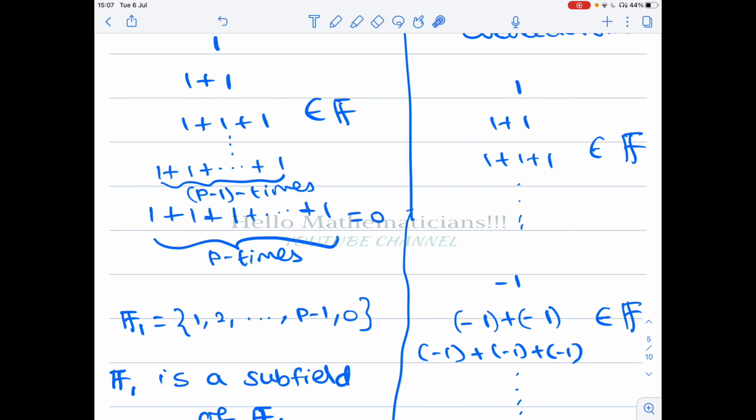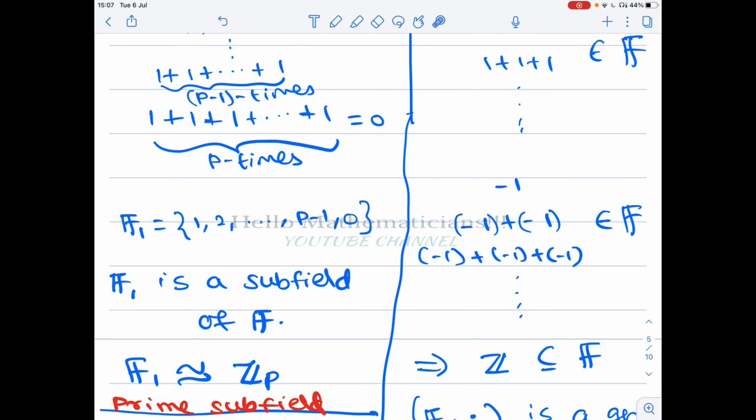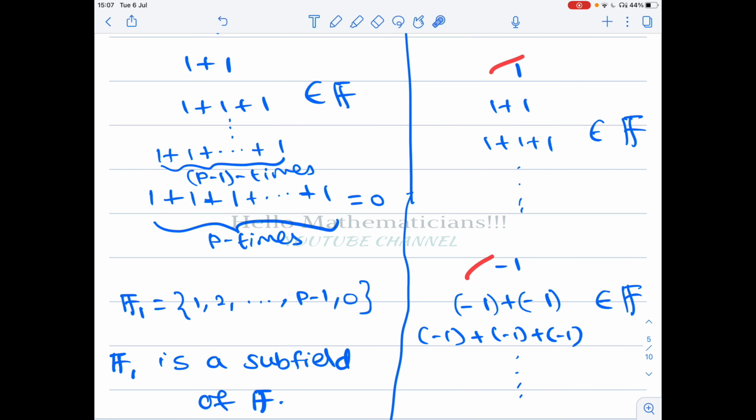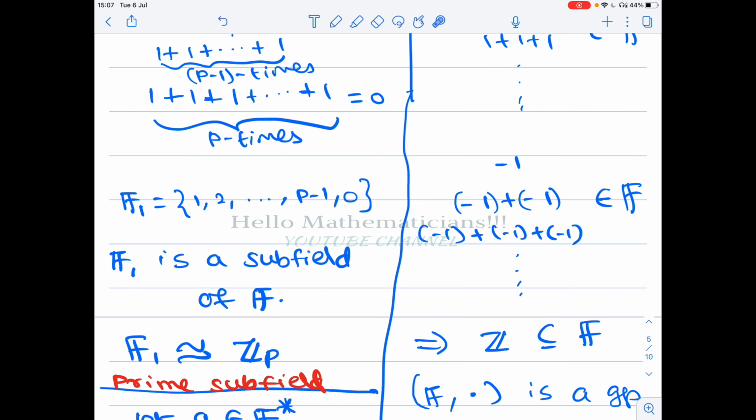Now the additive inverse of 1 is what we call minus 1. Minus 1 plus minus 1 is minus 2. Minus 1 plus minus 1 plus minus 1, you get minus 3. So you get all the integers, 1, 2, 3, and minus 1, minus 2, minus 3, all the negative integers. 0 is already an element of the field, so you get Z subset of F.